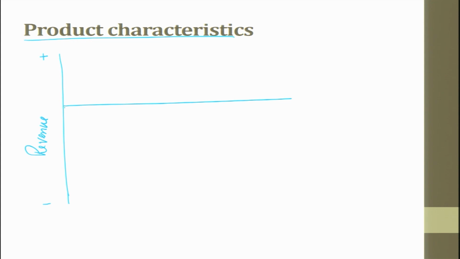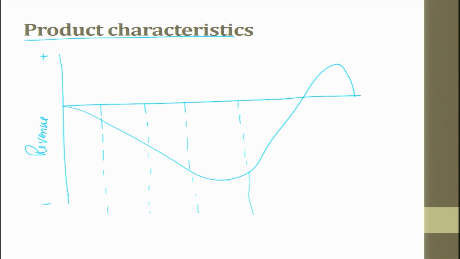So, the curve goes like this. It is divided into several phases. That means to say where do we invest more and where do we try to get a return or a turn in the negative slope, and where do we keep moving.